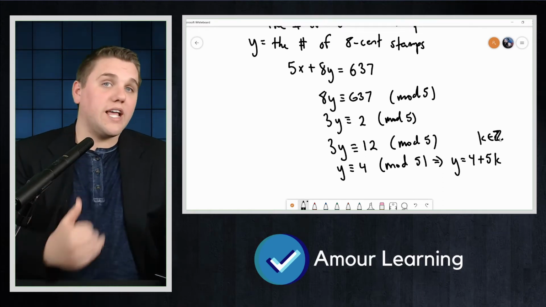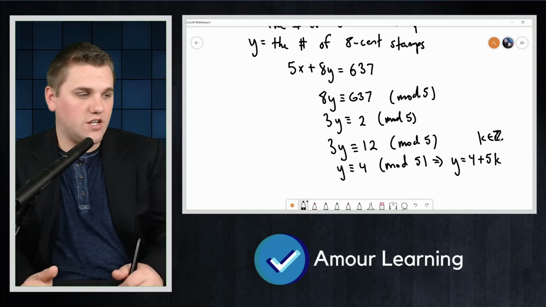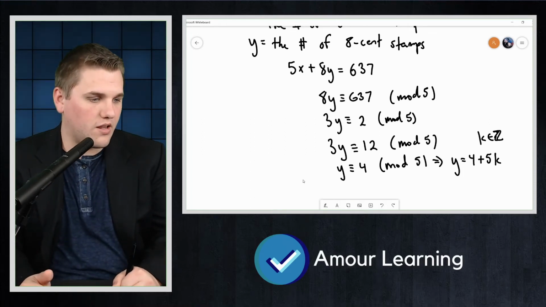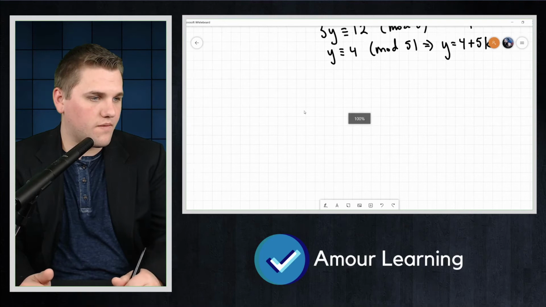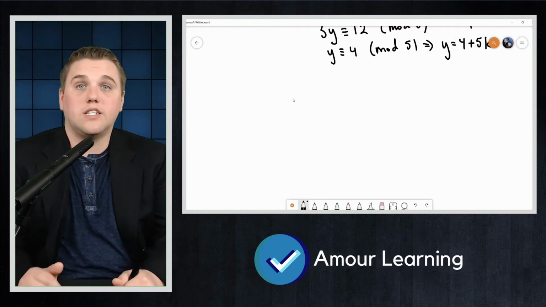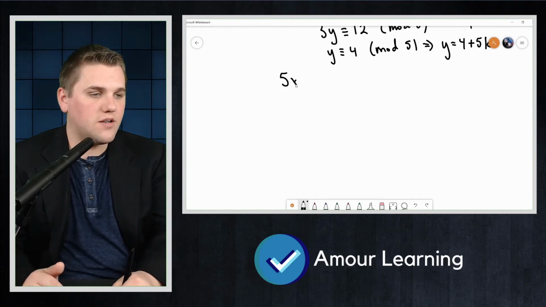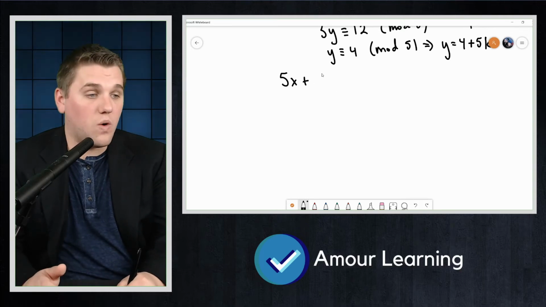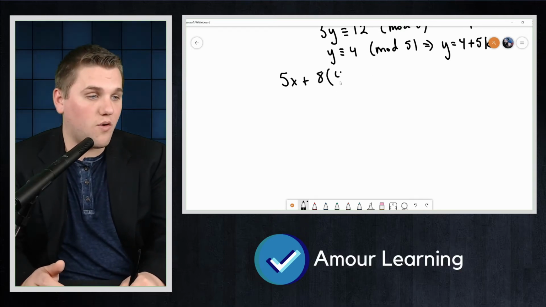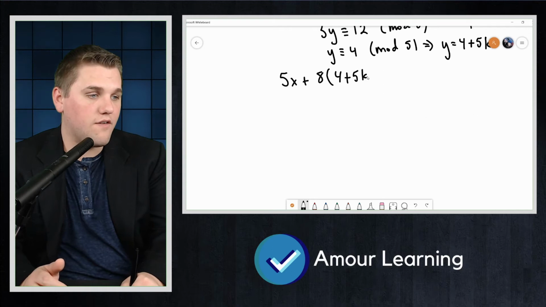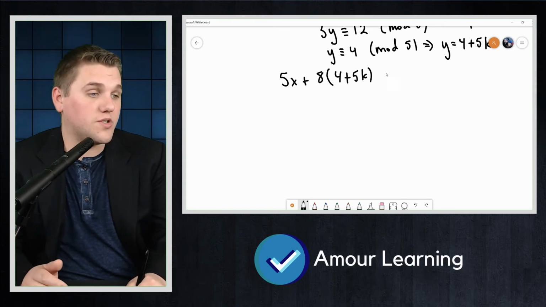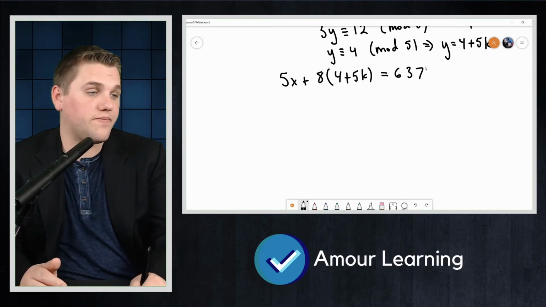So now we can plug that back into the original Diophantine equation to get 5x plus 8y, but we know what y is, it's 4 plus 5k for any integer k, equals 637.